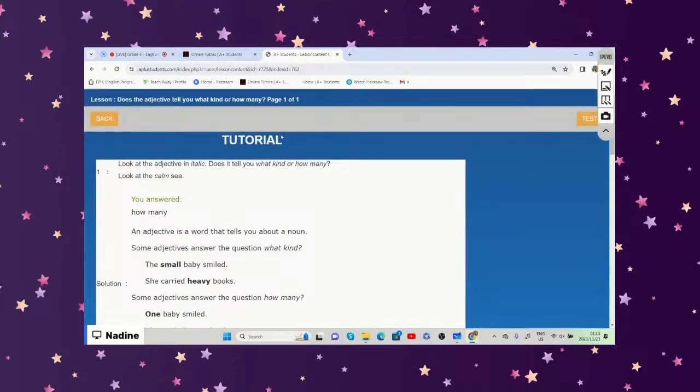Now if we look at the first activity, it says look at the adjective in italics. Does it tell us what kind or how many? We need to say if it tells us what kind or how many.